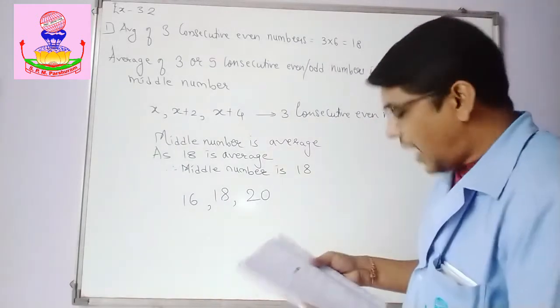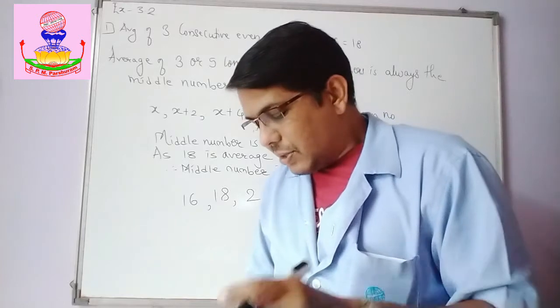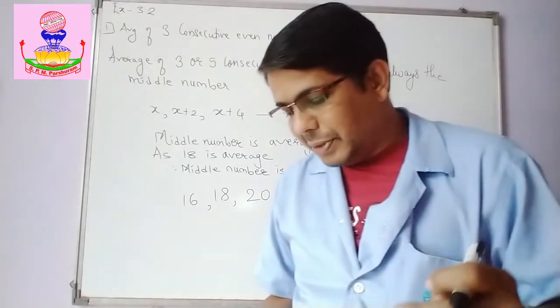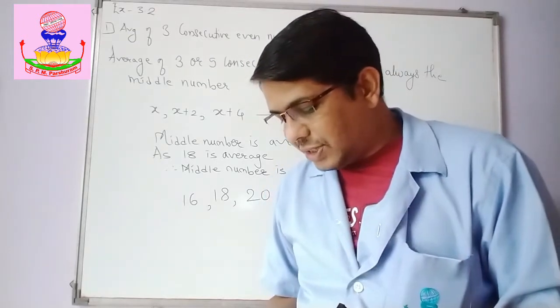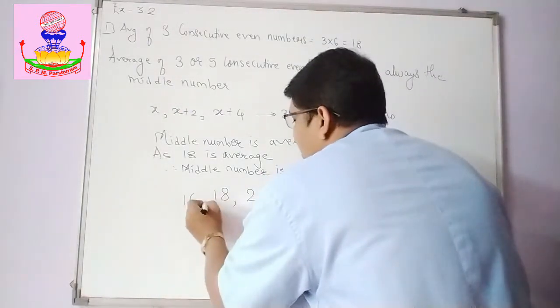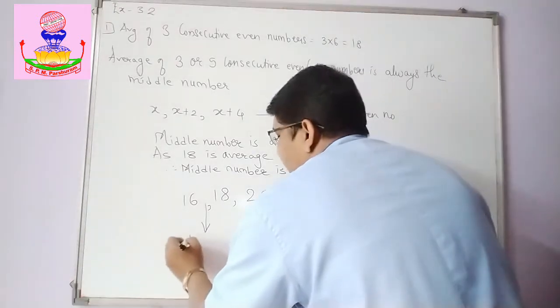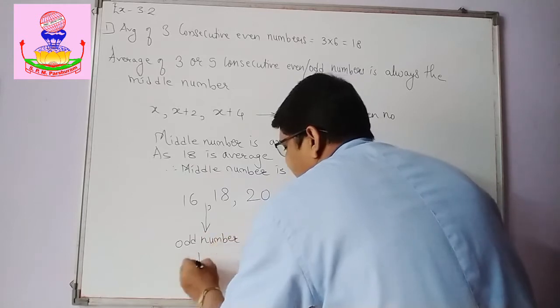Do you understand? Now what they say? The odd number just before the middle number and even number just after the greater number. So odd number just before the middle number, which is that, yes, 17.